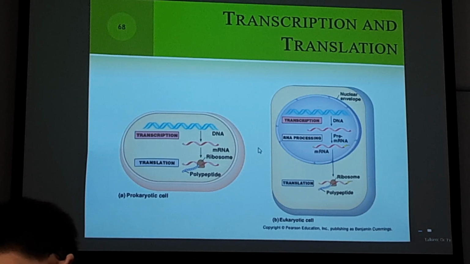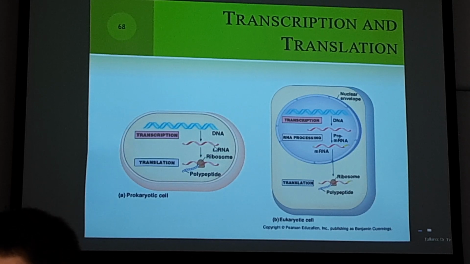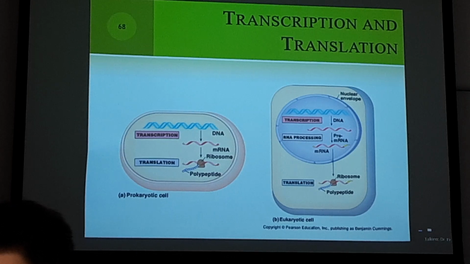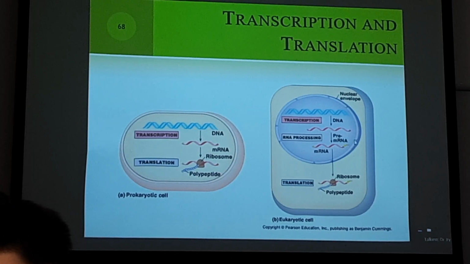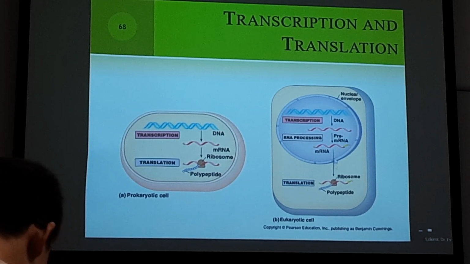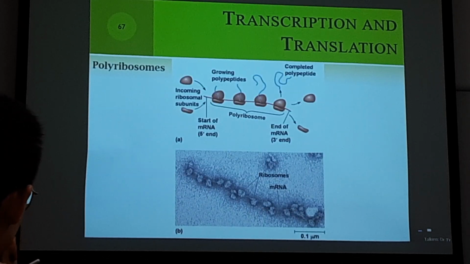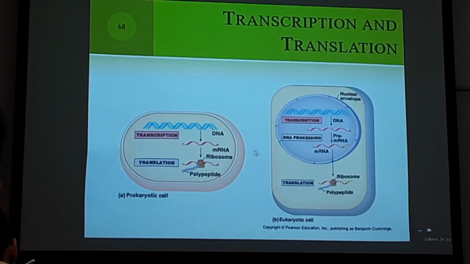And for prokaryotic cells, it is further sped up because they don't have the nucleus, so the translation can start before transcription finishes. But it is not possible in eukaryotes because you have to allow the mRNA to leave the nucleus first. So these are some tricks that speed it up in our body cells.